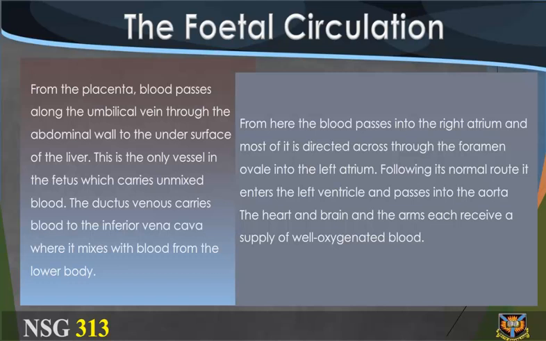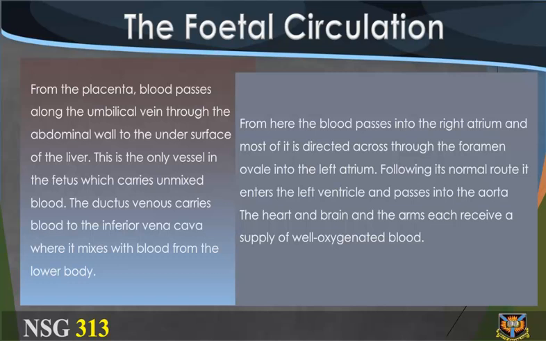From here, the blood passes into the right atrium, and most of it is directed across the foramen ovale into the left atrium. Following its normal route, it enters the left ventricle and passes into the aorta.